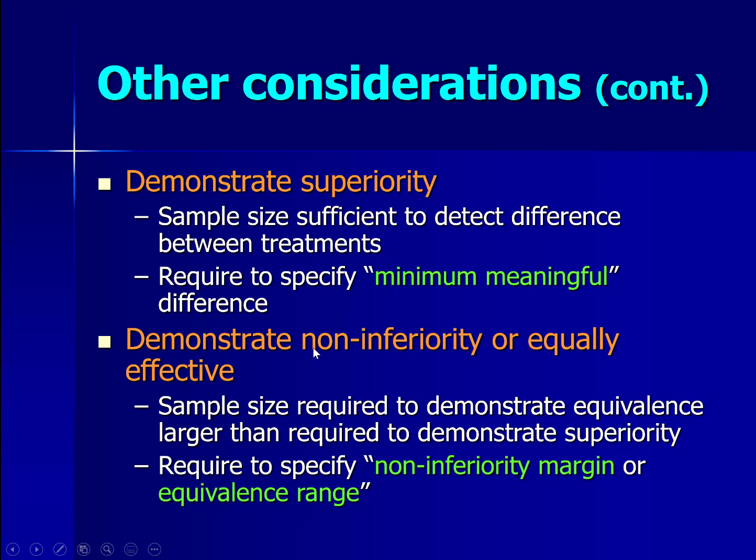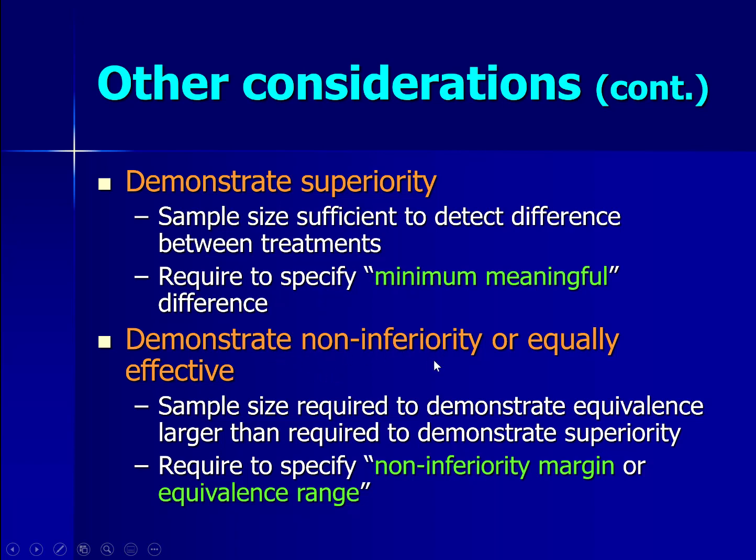So the researcher proposed a new one that is less costly, and it will be the choice to be recommended in place of the conventional one, even if it's not better or not superior. Even if worse than the conventional one, but not worse than what they can tolerate, they still will recommend the new one. So this is an example of non-inferiority.